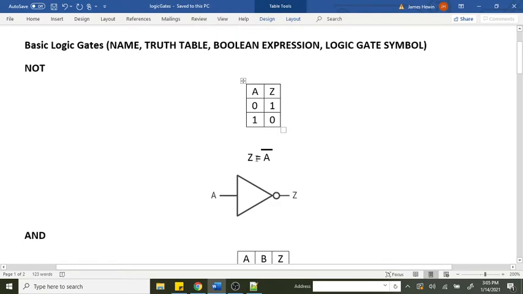Okay? And so the way you state that in, I guess, algebraic terms is Z equals A with a bar over it.